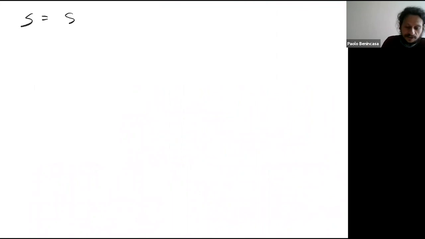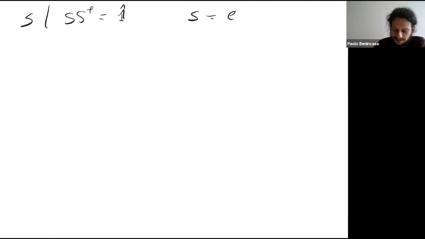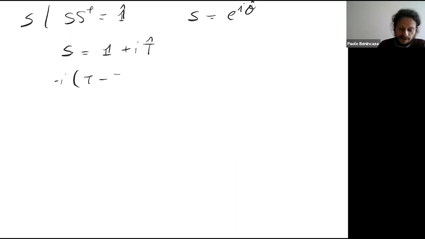You know that this matrix has to be unitary. And in principle, you could think to write an S matrix like e to some operator. However, we don't do this typically. What you do is write S as 1 plus iT. And then when you plug this in, you get some relation that will give us the optical theorem.